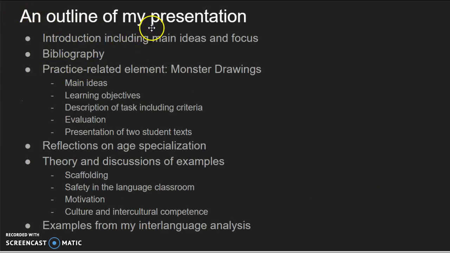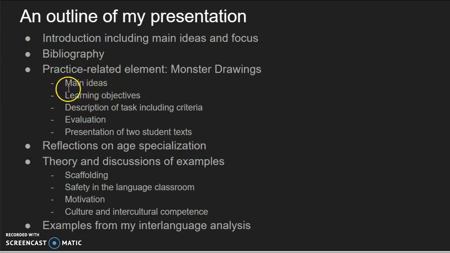My outline for my presentation is first I will give you an introduction including main ideas and focus. Then I will present my bibliography and add a few words on why I have chosen those. Then I will present my practice-related element monster drawings, so you know what I'm talking about during my theory and discussions and reflections.